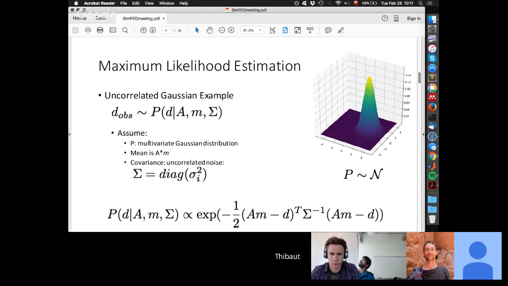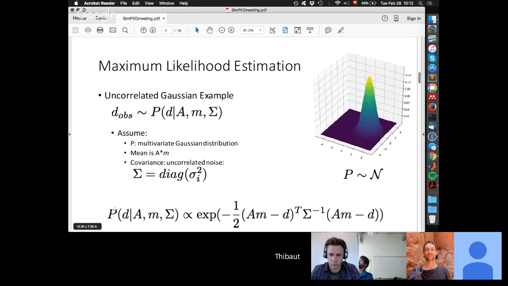So if I assume Gaussian, what I need is a mean. In a linear case, just to make things simple for now, my mean will be my physics times my model, like AM as usual. And if I assume uncorrelated noise, my covariance matrix will just be a diagonal.